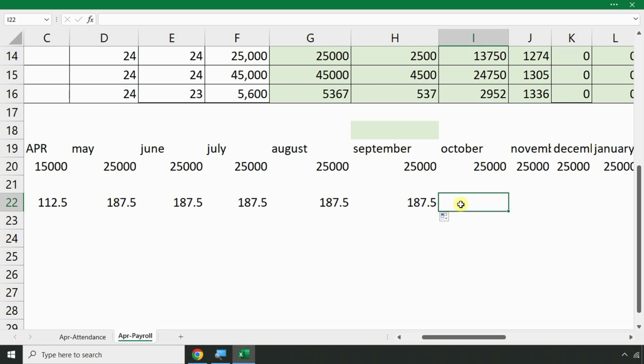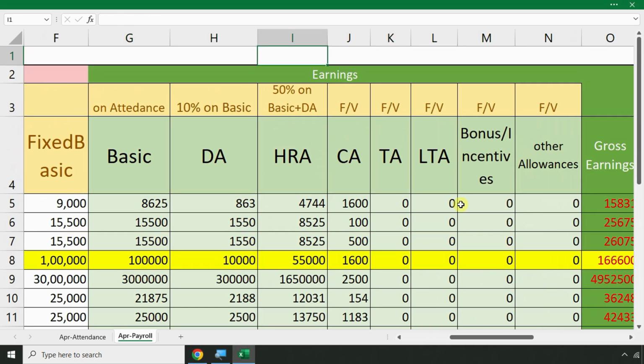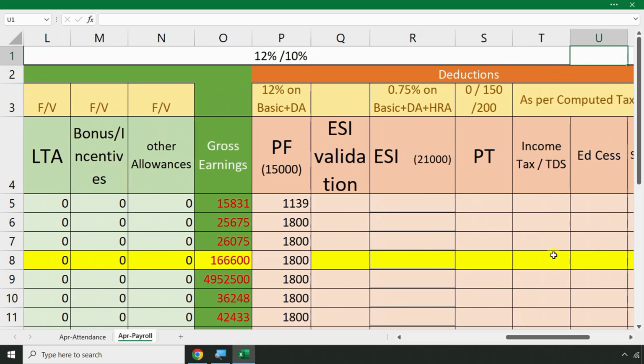Now you need to check. Is the salary 25,000 basic plus DA plus HRA less than 21,000? Greater than 21,000? Now here it is greater than 21,000. So he will be disqualified from the ESI benefits. So that's the reason you never maintain the formulas like this. You add a validation first.